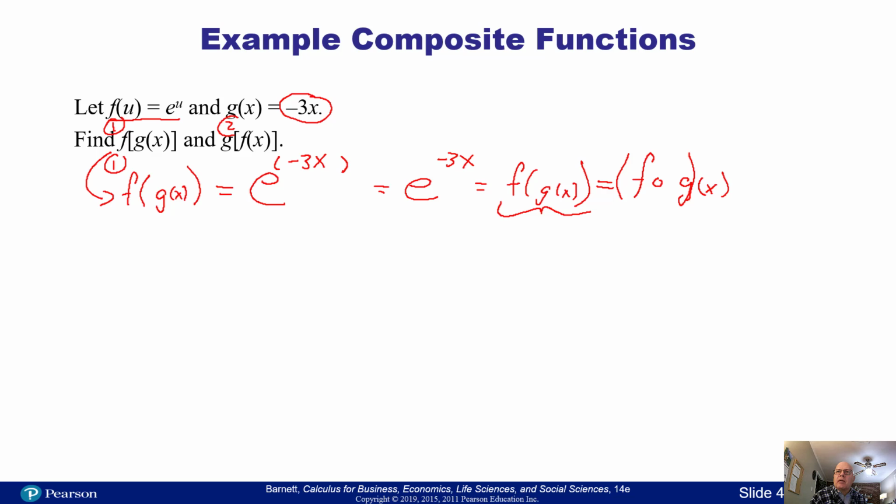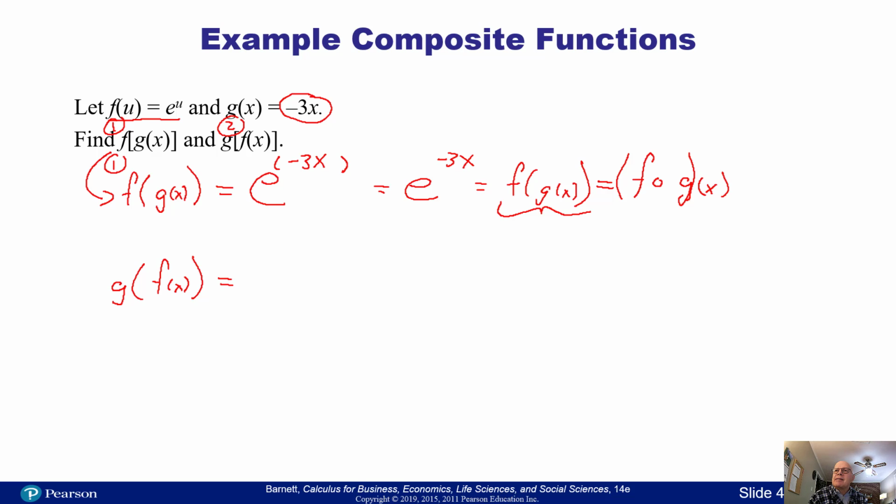Part 2, we're going to take g of f of x. So all we've done is we switched the roles for g and f functions. So let's see what this looks like. We're going to look at the g function, but where we see the variable, we're going to leave a blank, just like we did with f.